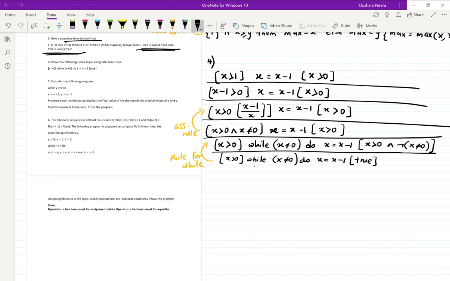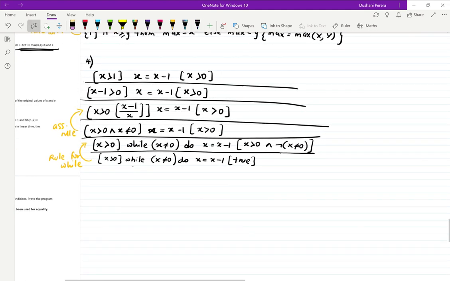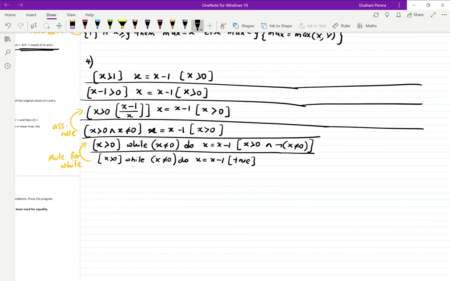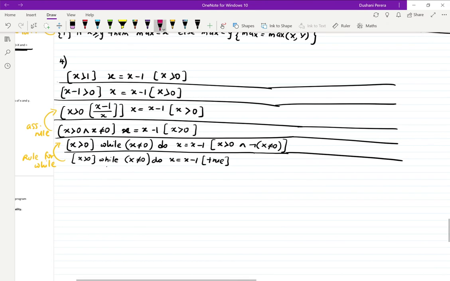So when you see this, you understand that this is valid because initially x is greater than 0, and when you subtract 1 from it, it will be greater than 0. So here, let's now write the precondition strengthening and postcondition weakening.